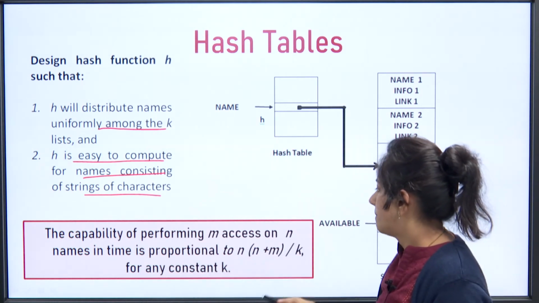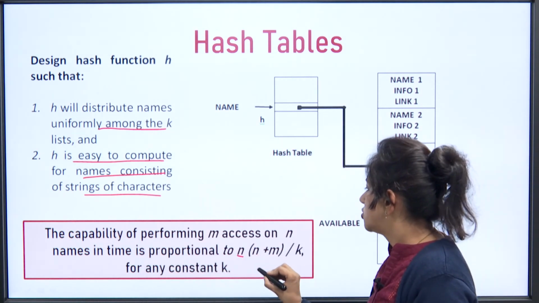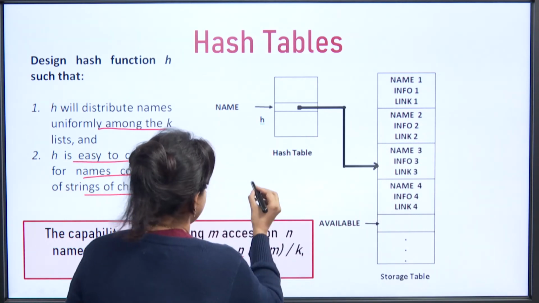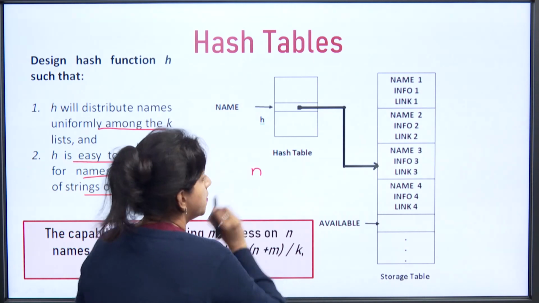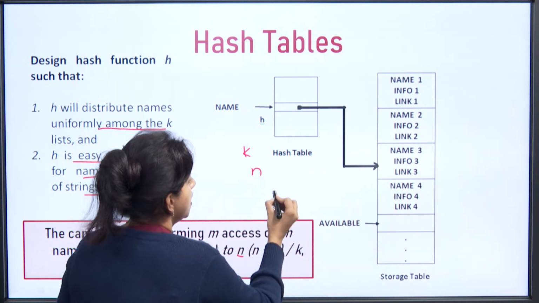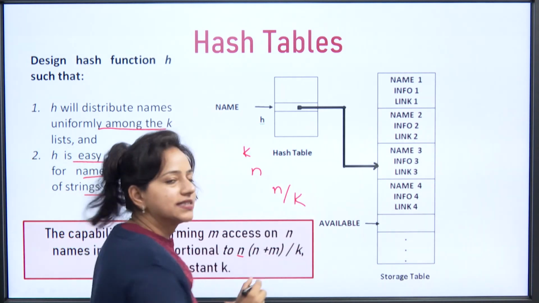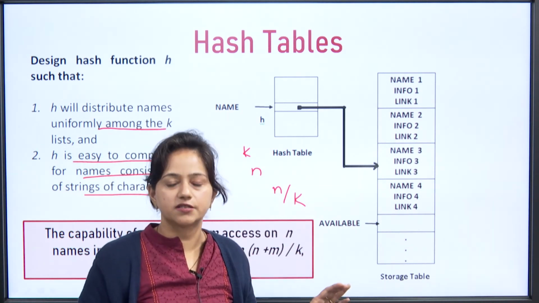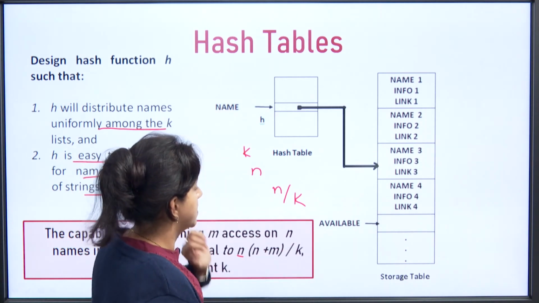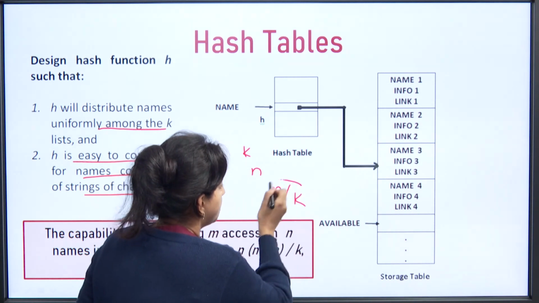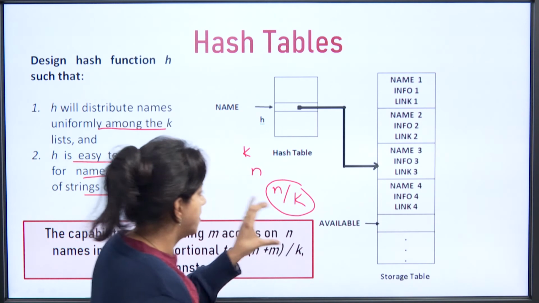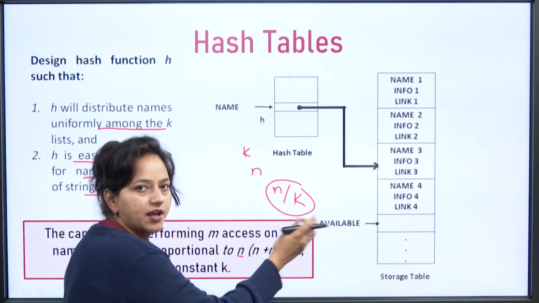Now, what will be the complexity? It will be n into m plus m whole by k. Suppose there are n number of records and k number of hash values. On average, if the records are uniformly distributed among all k lists, k hash values, k buckets, then for a particular hash value there will be only n by k records.